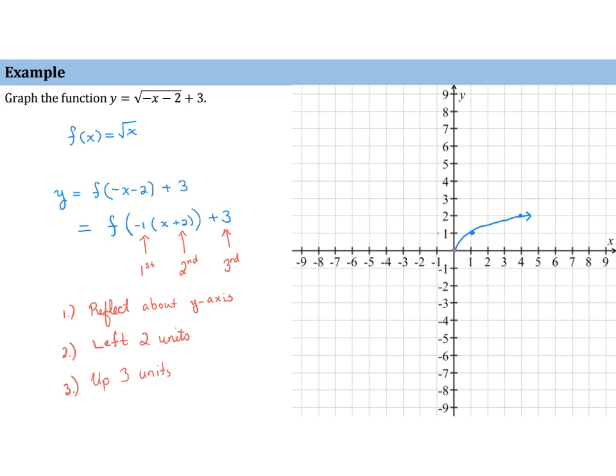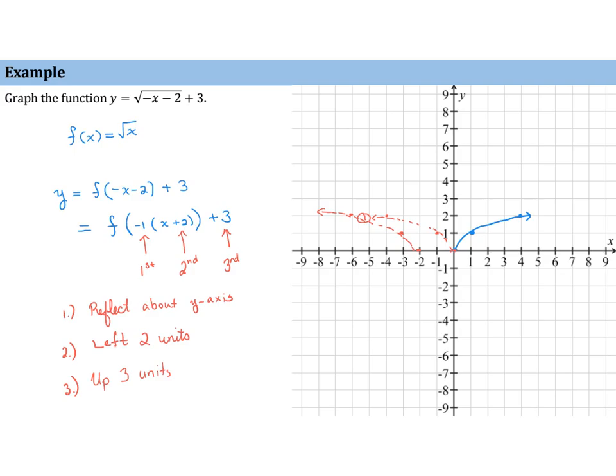So if we reflect it, we would get this. So this is the first transformation. And then we move it left 2. And then we move it up 3.